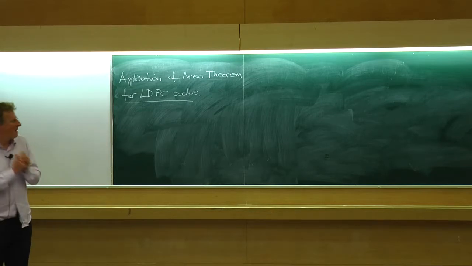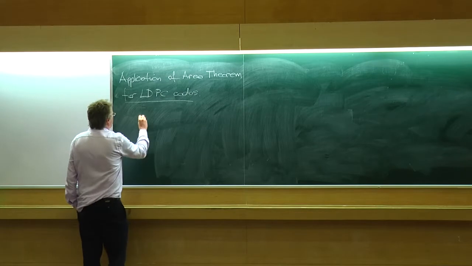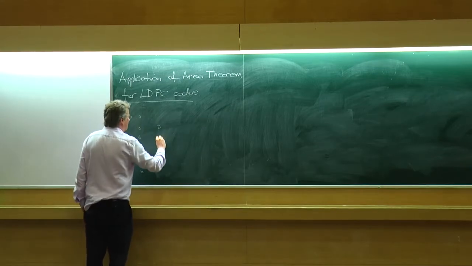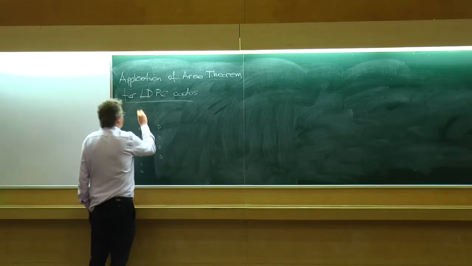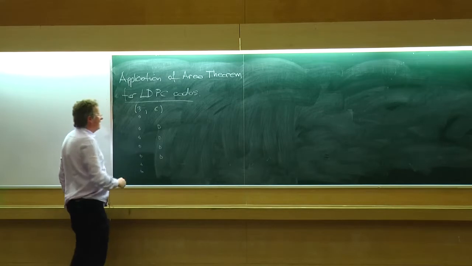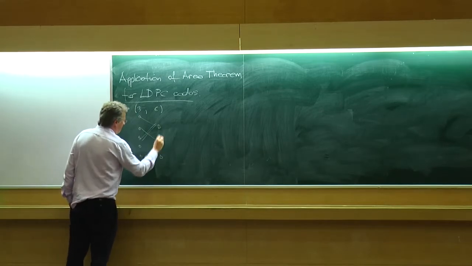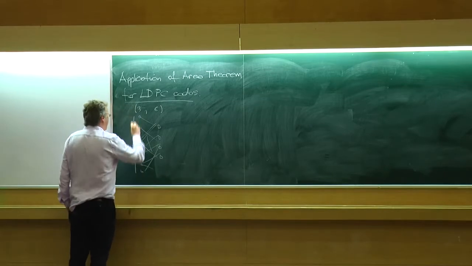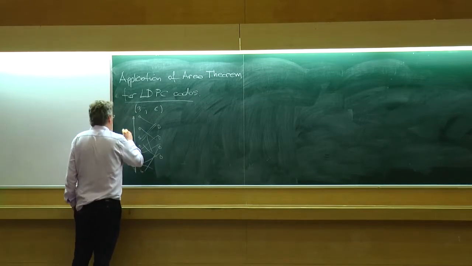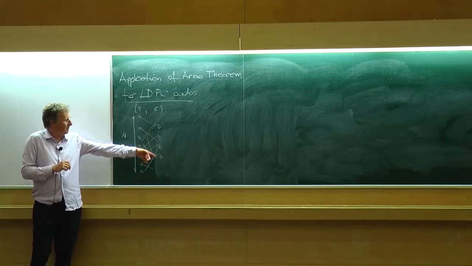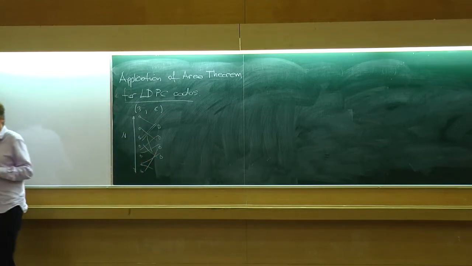So remember what we had. For low-density parity-check codes, we had something like this. And I'm always going to use the same example, something like a (3,6) code. Again, this could be anything, but just to keep things simple. This thing here is n. You should think of n going to infinity. And then you have (1 minus r) times n check nodes here.